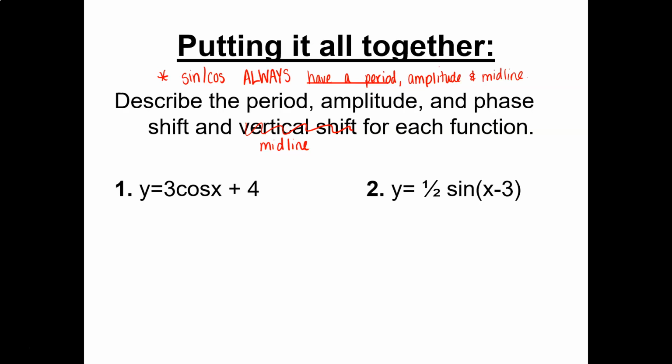So even if there's not a number there telling you that there's a shift, there's always a period, amplitude, and midline, right? Because sine, just the main function for sine, has a period of 2 pi, an amplitude of 1, and a midline at y equals 0. So you always have those three things. The only one you may not have is the phase shift. Sometimes there's no phase shift, and that's okay. But you will always have an answer for amplitude, period, and midline.